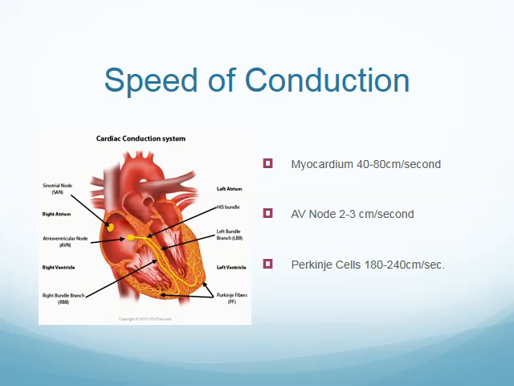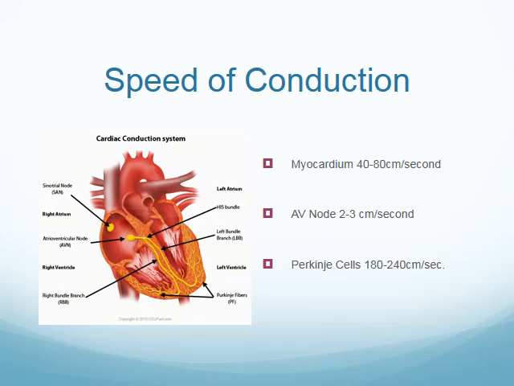The reason for that is that we want to have a pause between the depolarization of the atria and the depolarization of the ventricles. So what the AV node does is provide a pause, just for a fraction of a second, to allow the atria to depolarize before the ventricles do.